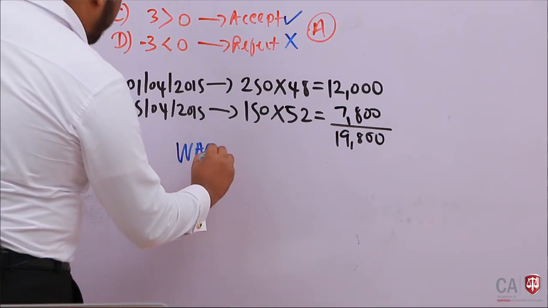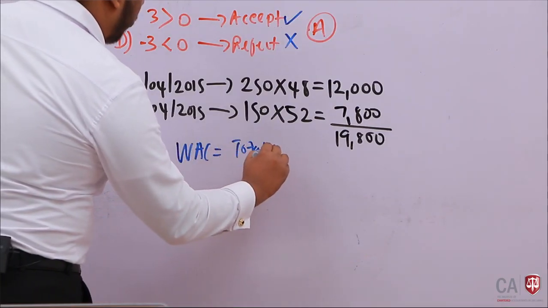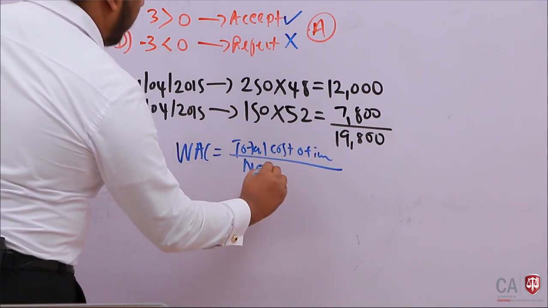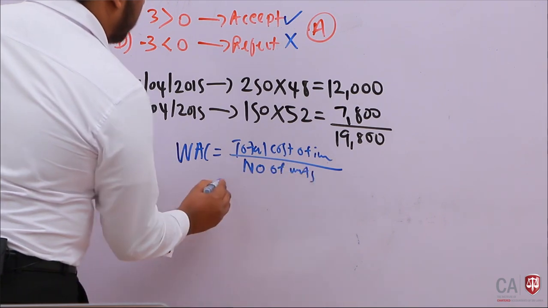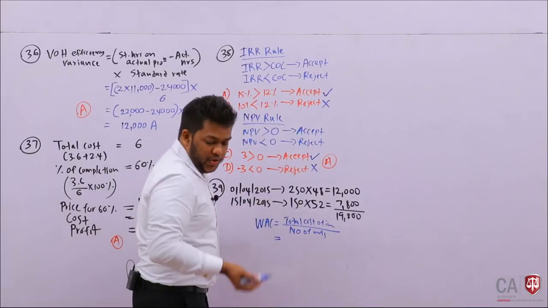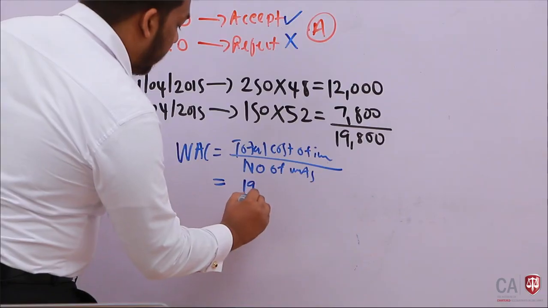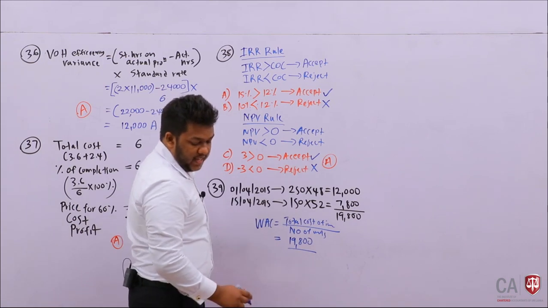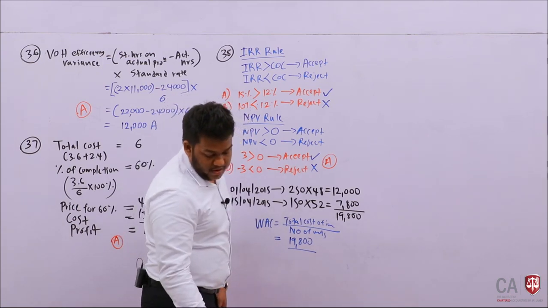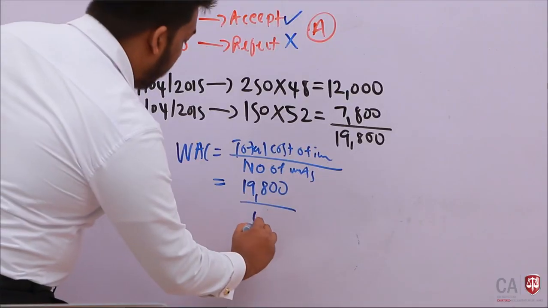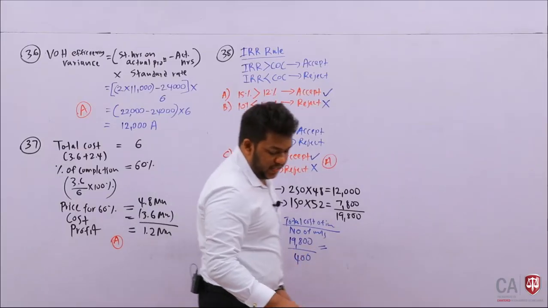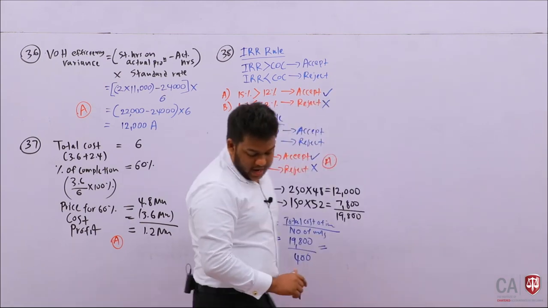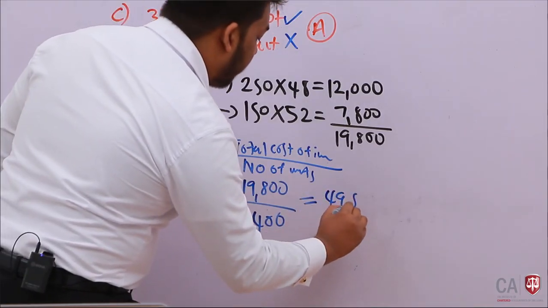For WAC, you have to calculate the total cost of inventory divided by the number of units. Very easy. If the total is this, how much is 1 unit? So 19,800. How many units of inventory? 250 plus 150, that is 400. So 1 unit is how much? 19,800 divided by 400, that is 49.5.